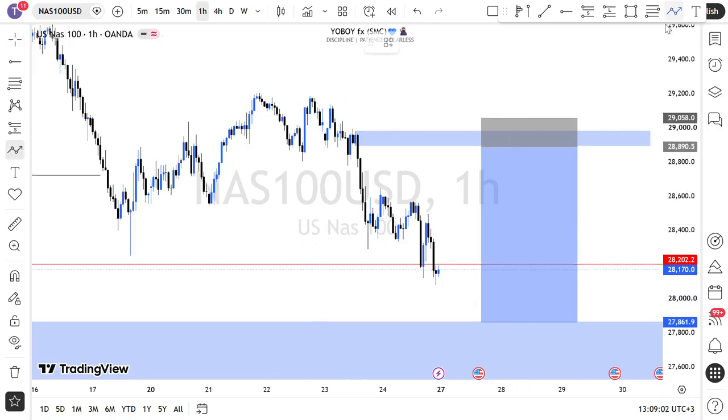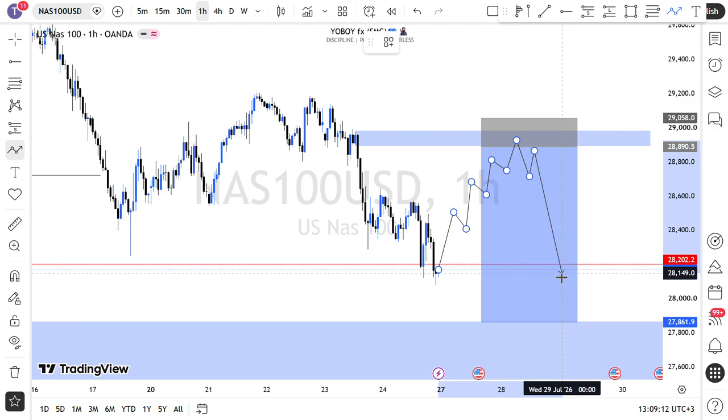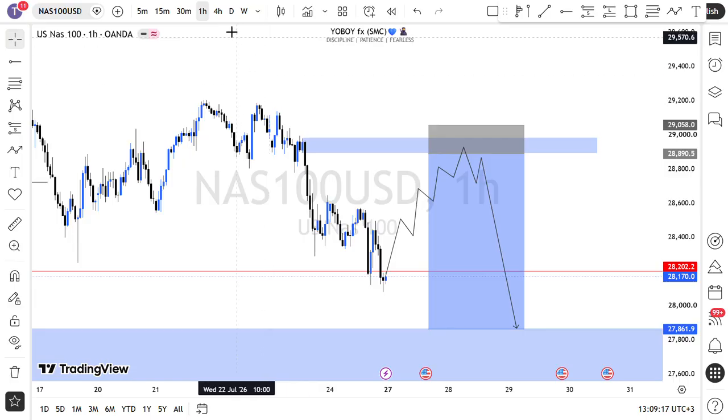So what we expect on NAS 100, I expect price to be moving up into this area, and then once price gives us a confirmation, we'll be taking our sales to the downside. So that is what I expect, guys.